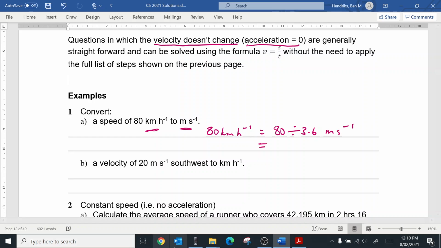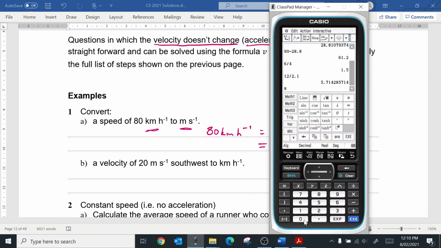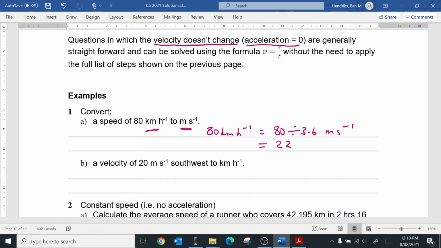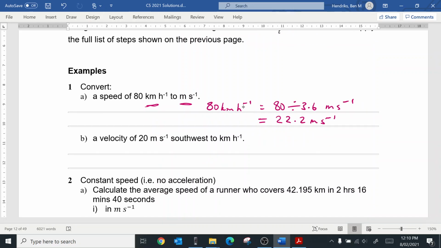When we put that into our calculator, 80 divided by 3.6 is equal to 22.2 meters per second.